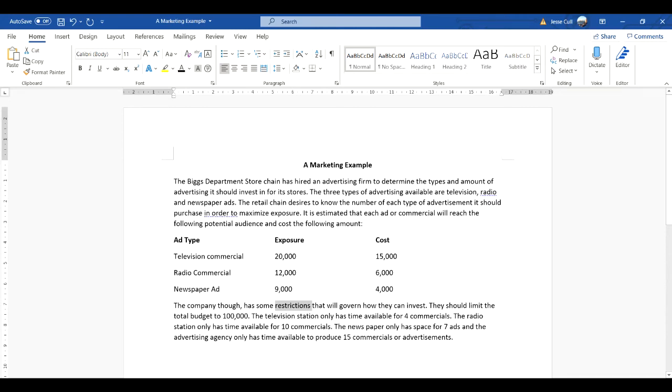Good morning, everyone. Today we're going to continue looking at linear programming models. What we've done so far and what we're going to continue to do is show the versatility of linear programming.